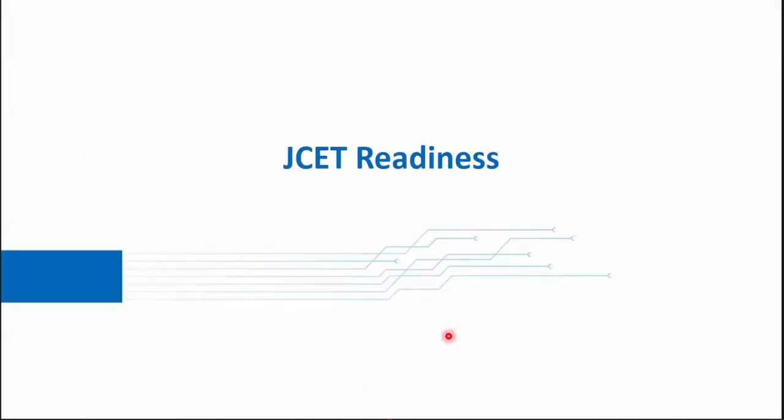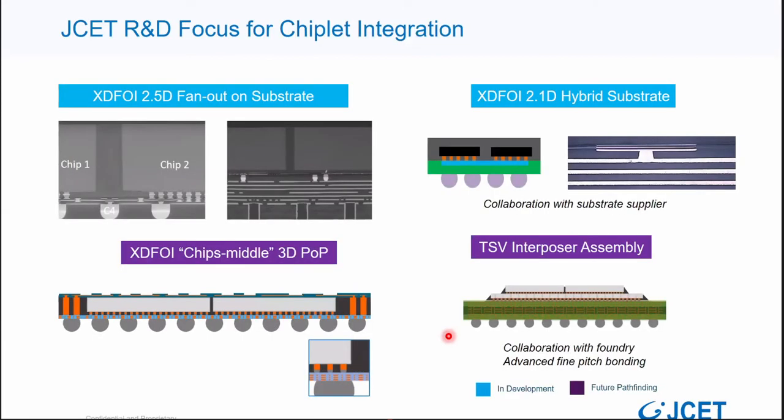Then for JCET readiness for this application, we are already developing XD fan-out 2.5D on the substrate. Basically, it is RDL first with 2 layer, 3 layer or 4 layer. After the fan-out 2.5D, we put the fan-out package on top of the substrate with 14 to 20 layers of substrate.